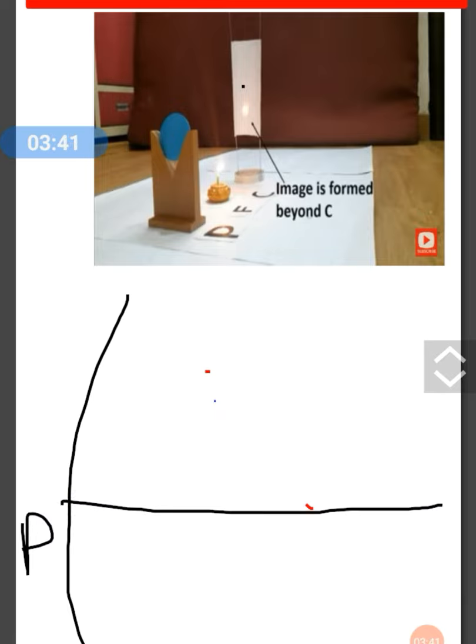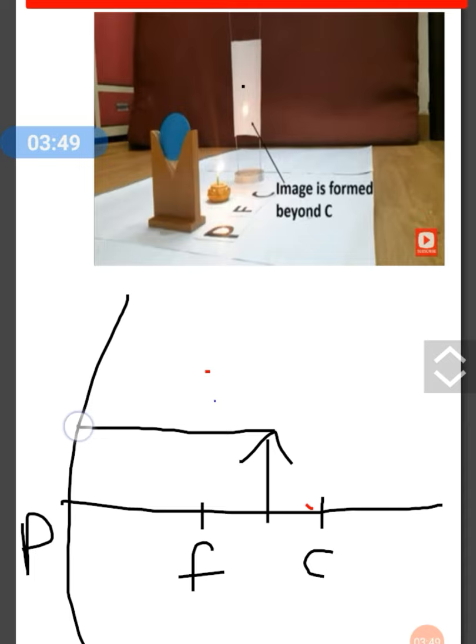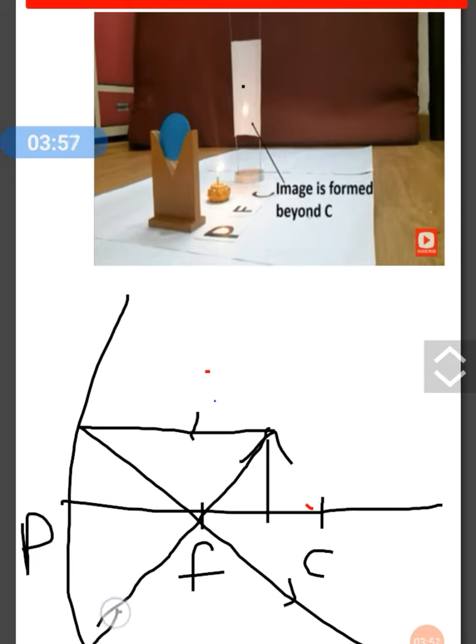Pole, focal point, center of curvature, the object between F and C. The first ray is parallel to the principal axis, and the second ray passes through the focal point and the reflected ray is parallel to the principal axis. The image is formed beyond C. So the image is real, inverted, but it is enlarged.